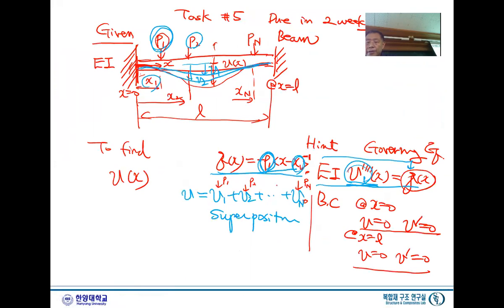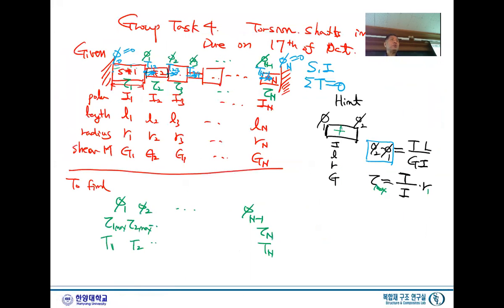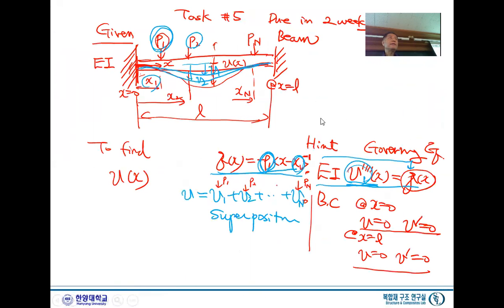Here, as a group, you work together and have a PowerPoint and use Excel. And here, same thing, you have a PowerPoint and an Excel, and you co-author and work together.